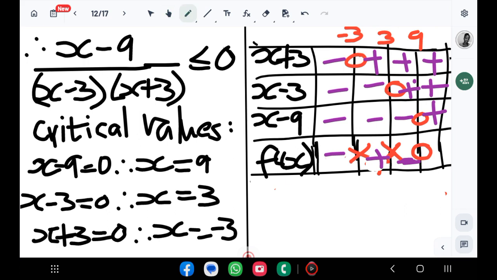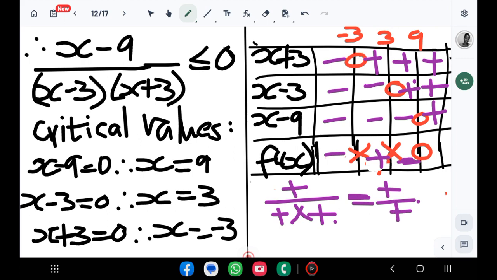So we've got positive over, and then our x minus 3 is positive, times our x plus 3 is also positive. So at the top it's positive, divided positive by positive, that is positive. So that means to the right of 9, it is positive.